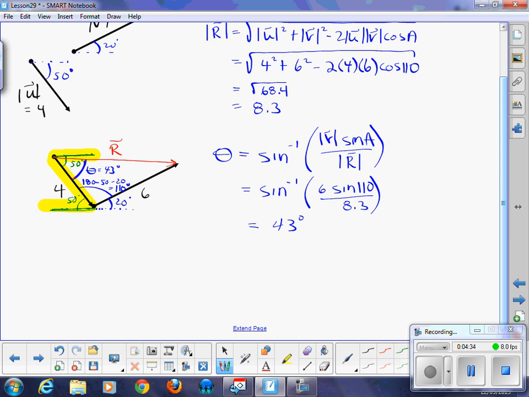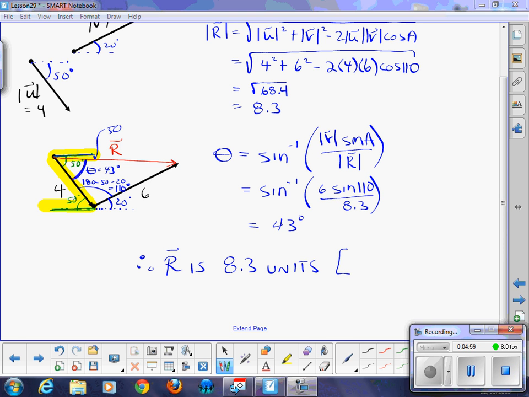We're at the therefore statement. Therefore, the resultant is 8.3 units. It's the direction that's the challenge. If the green line represents a horizontal line, that vector's 50 away. The red one is 47 away from vector u. What's the difference up here?